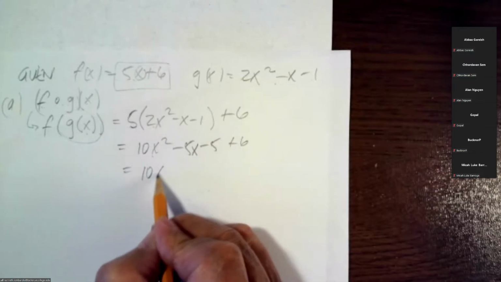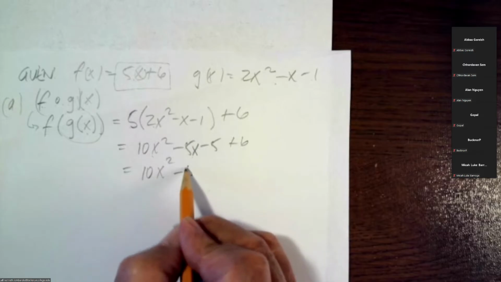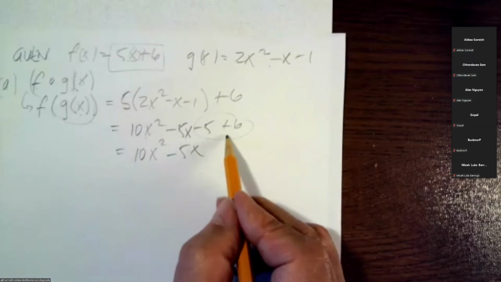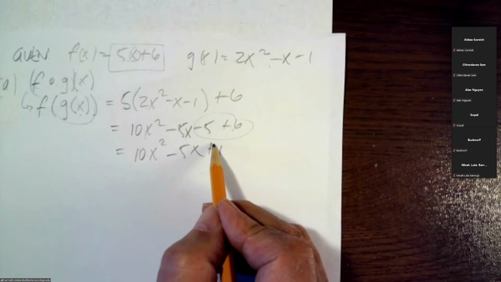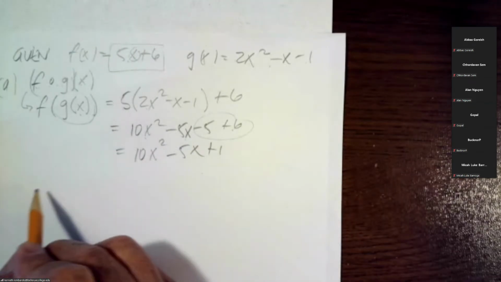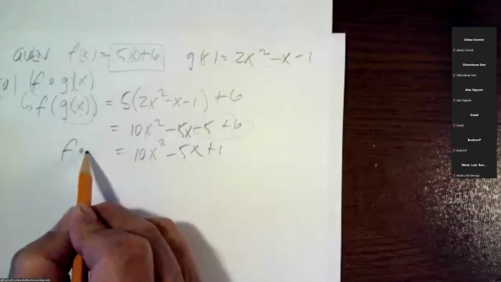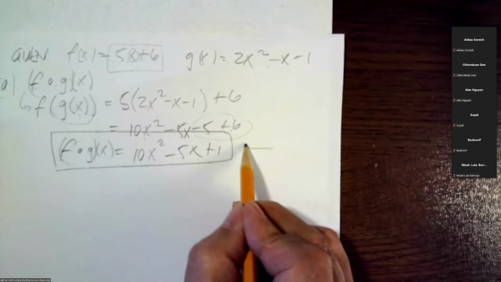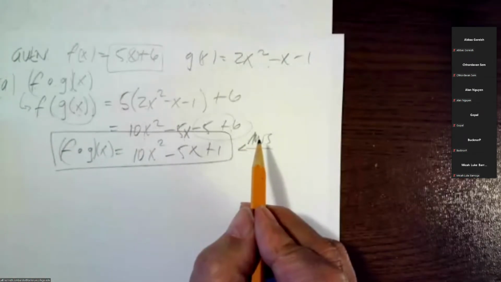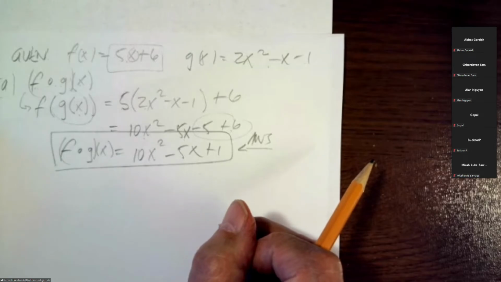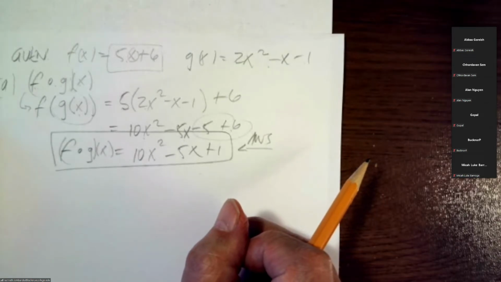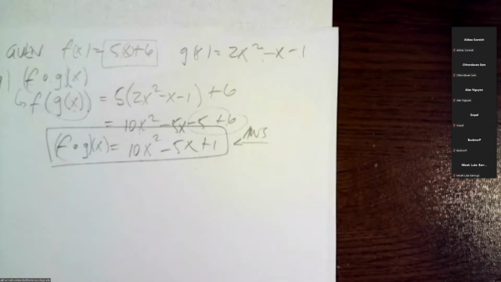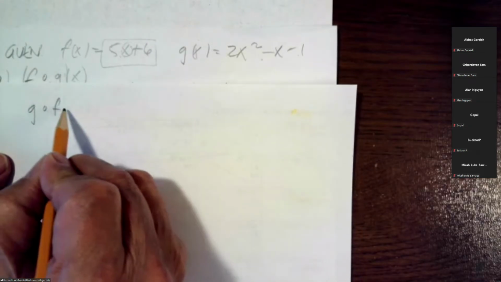Combine -5 and +6, we get a +1. So here is f of g of x. Does that make sense to everybody what we did there? Any questions? All right, what if we go the other direction? What if we say, I want g of f of x?